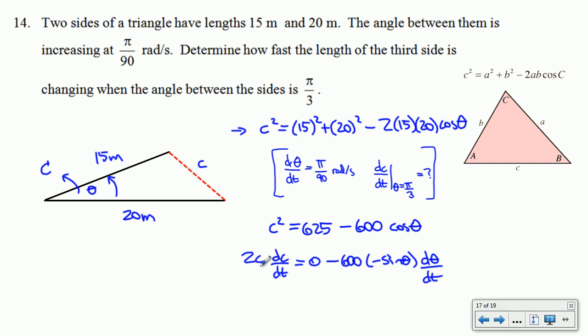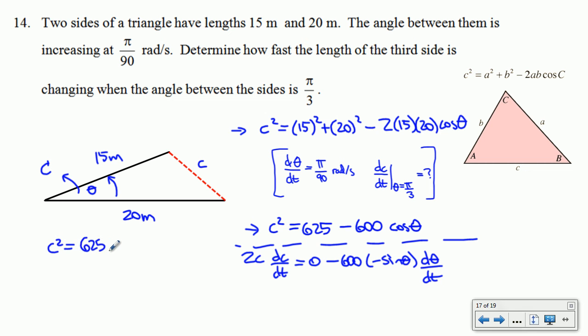We don't quite know what c is yet, but we know what the angle is at that moment. So what we can do is actually use cosine law here before we took the derivative of it and figure out what c is when theta is pi over 3.